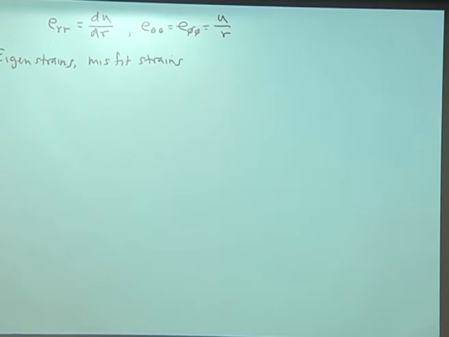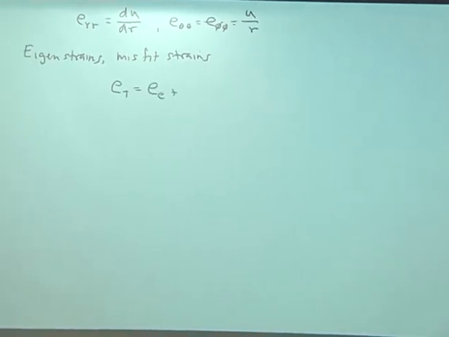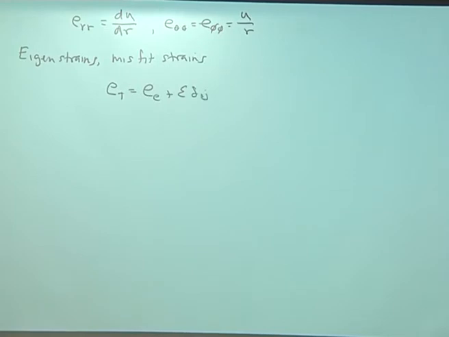And so the total strain in the system is equal to the elastic strain plus this eigenstrain. So remember the eigenstrain is taking that thing, compressing it, putting it in, and then you have some relaxation on top of that. And so you sum the two together, and that's the total strain.